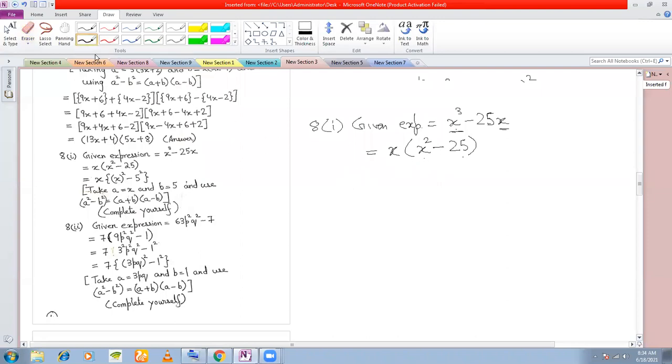So keeping the first x as it is, you can write this as x into x square minus 5 square, which is x into, this is a square minus b square form, (a + b) into (a − b). Okay, no questions here.